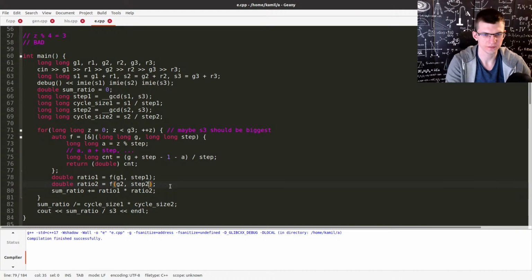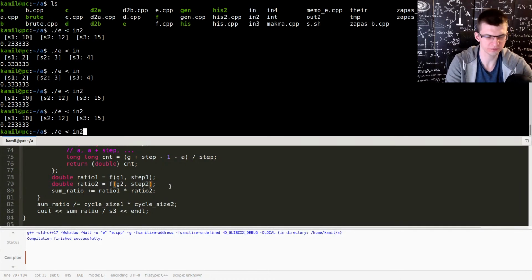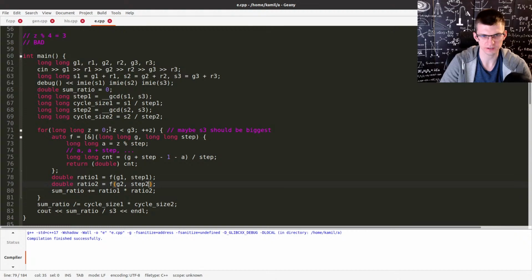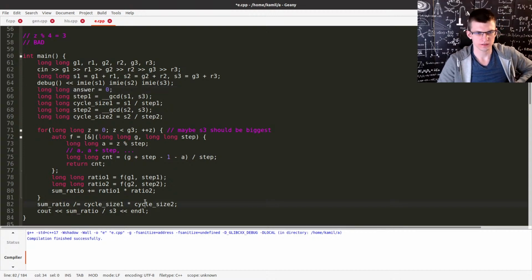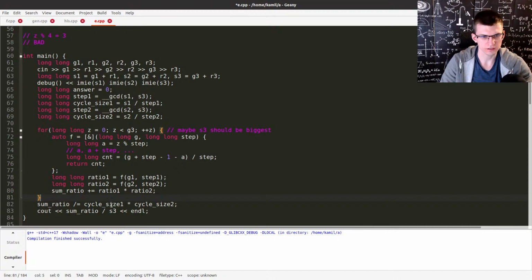Now I have code very similar to just computing cases, computing possibilities. Because I can straight get rid of this, say that I return long. Some ratio also it will be long. Add this and just don't divide by those.